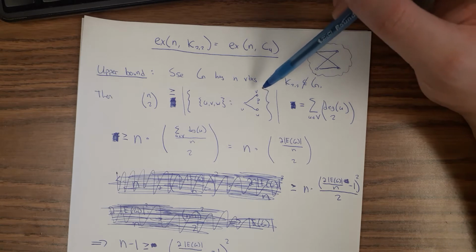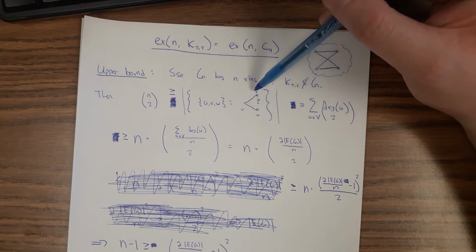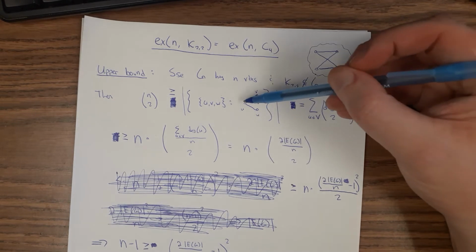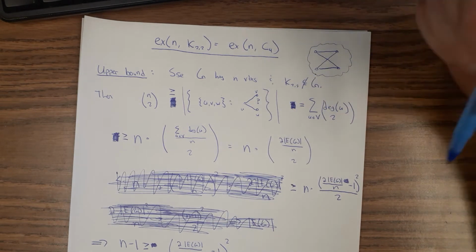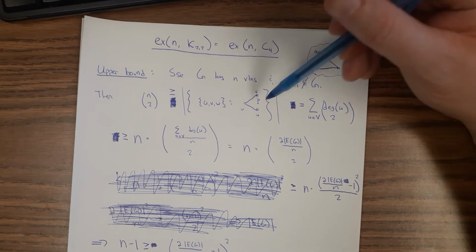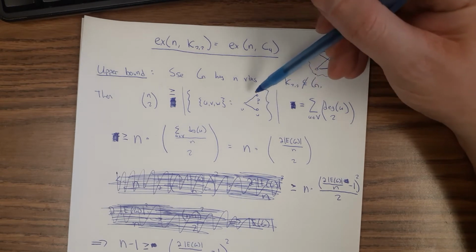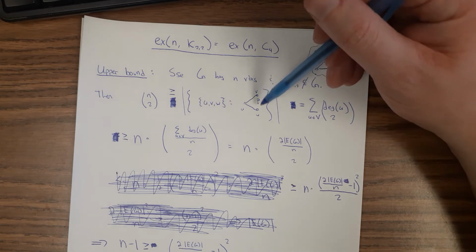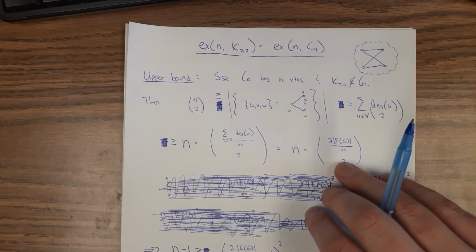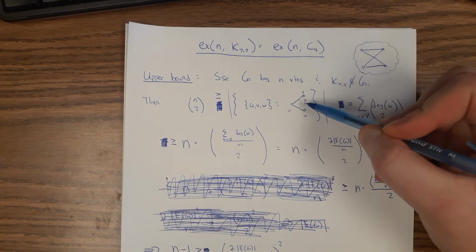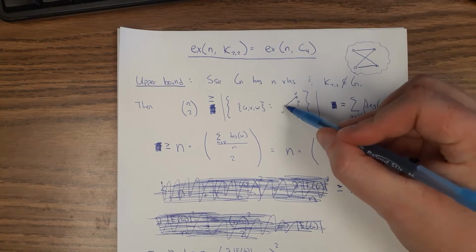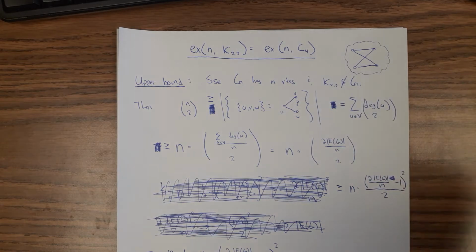One way is, for each pair of vertices v and w, I could count how many vertices u go with that pair, in other words, the number of vertices u that are a common neighbor of v and w. If I count it that way, each fixed v and w has at most one other vertex u.